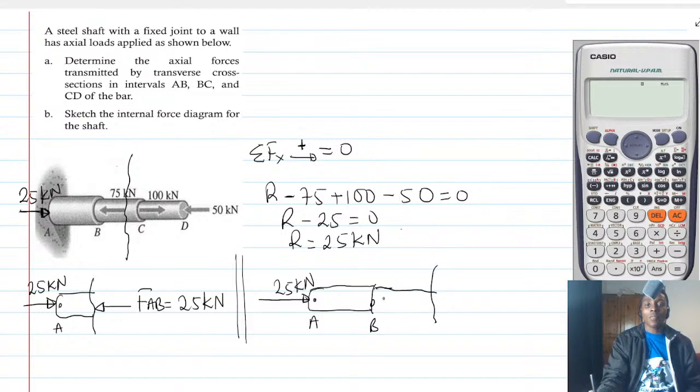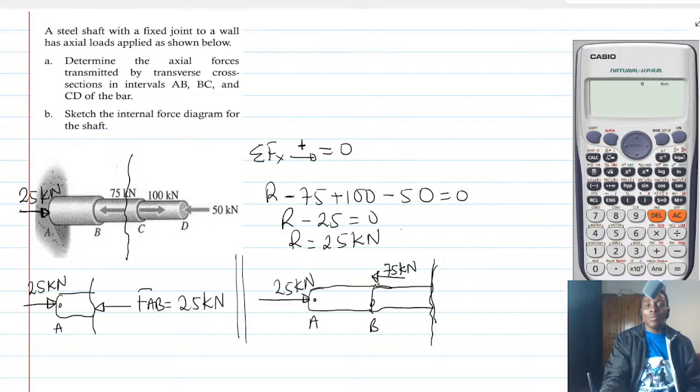So this is the section, right? But don't forget that there is a force which is acting at B. And that force is having a magnitude of 75 kilonewtons.